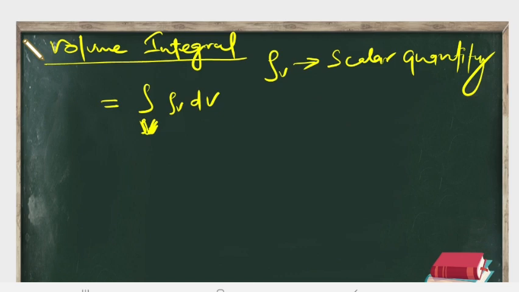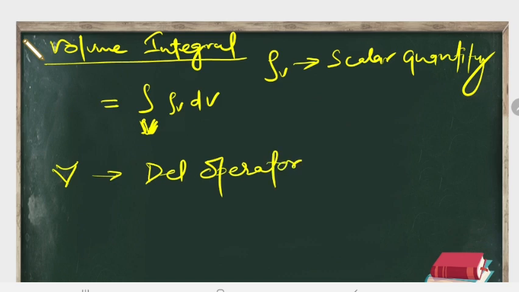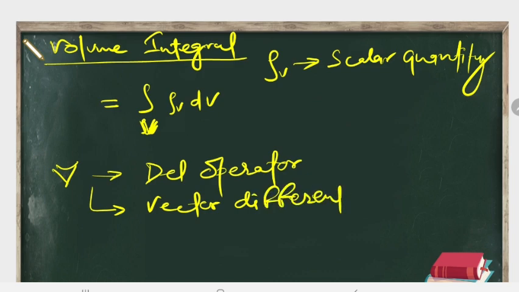Then there is a very important operator. This is the symbol of the del operator. This is simply an operator, or we can say this is a vector differential operator, or sometimes we can say gradient operator.